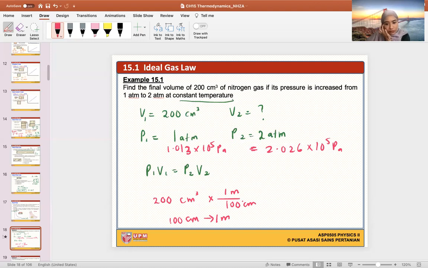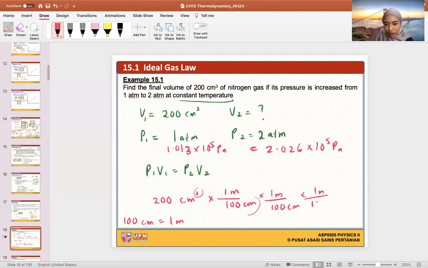This is how I convert 1 centimeter to meter. Okay, wait, be patient. So 100 centimeter is equal to 1 meter. I want to get rid of centimeter, and I want meter. So if I want to get rid of centimeter, my centimeter should be at the bottom. However, this is only one, and this guy is cubed. So if I want to do the long way but not get confused, I can do this.